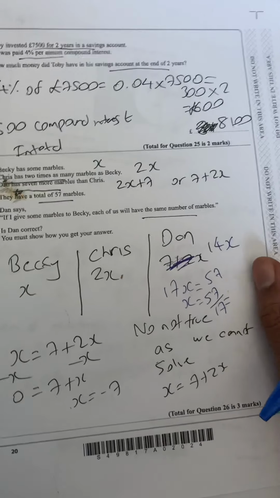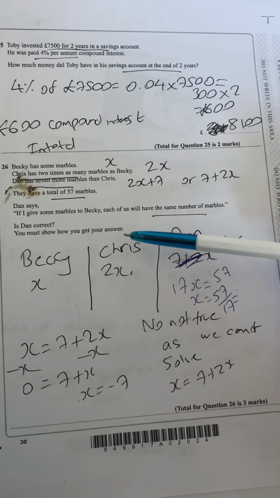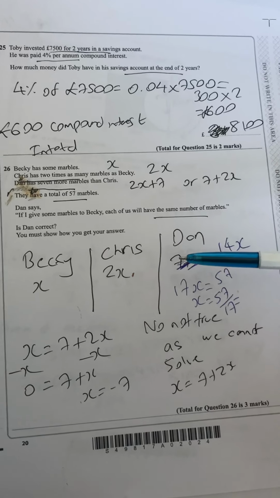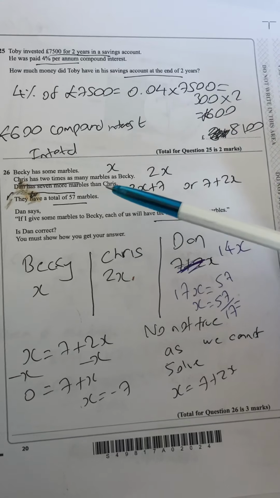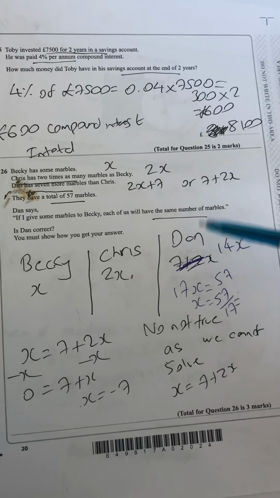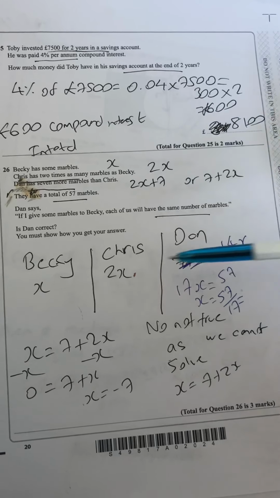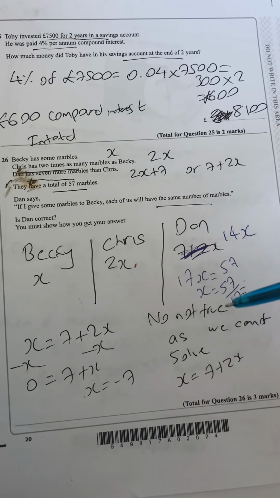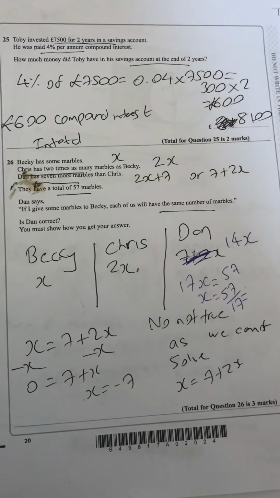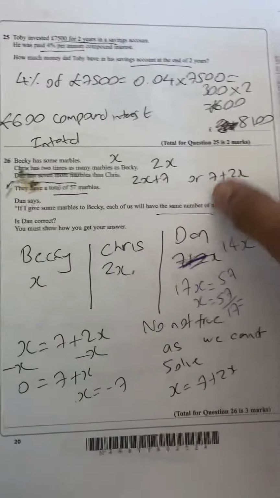That doesn't give us a whole number, so Dan is incorrect, because had this been a number that goes into 17, then Dan would actually be right, but here he made a mistake for this question.